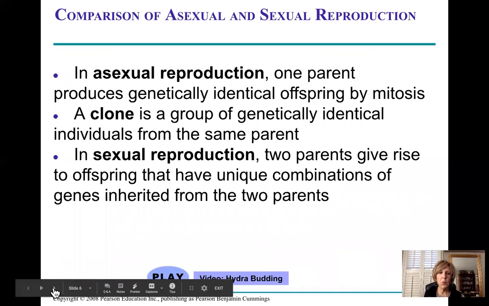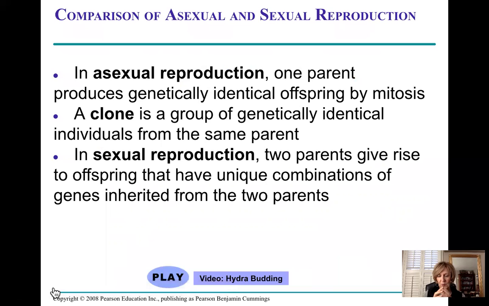So in asexual reproduction, we have one parent, right? And there's some benefits to that, but one parent is going to give all the genetic information to their offspring. And that is done by a process of mitosis. And usually these offspring of the one parent are clones.